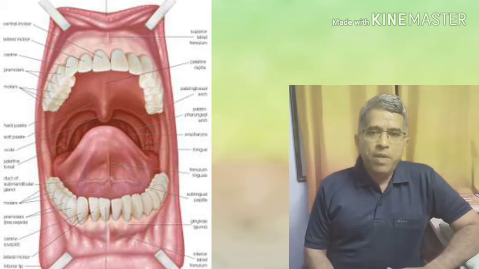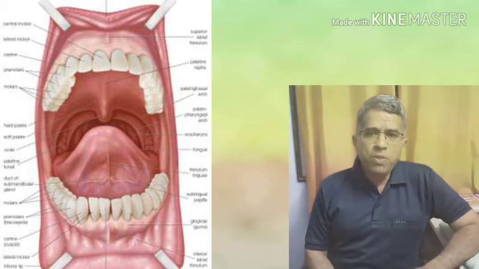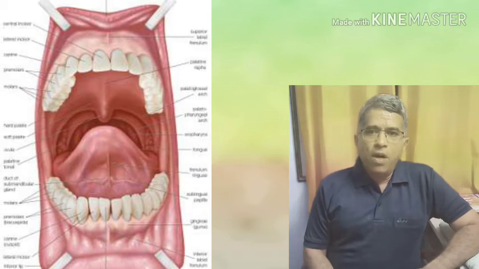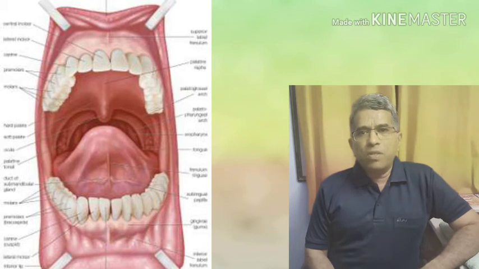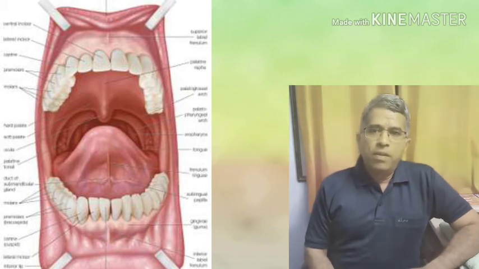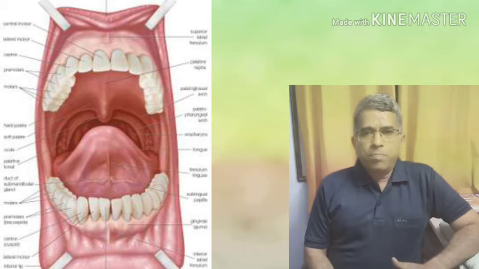In case of human being, mouth is a slit in the face, below the nose. Mouth is guarded by jaws and also lips. Lips are nothing but fleshy muscular structures. These are also called labia. There is upper lip and lower lip.